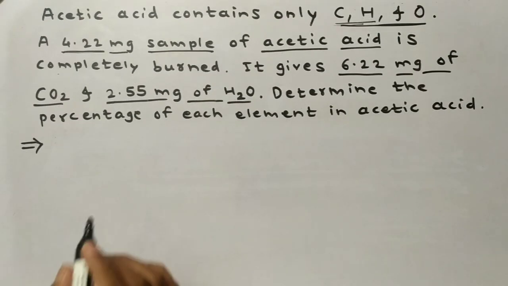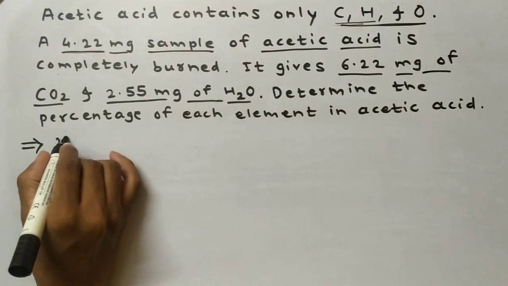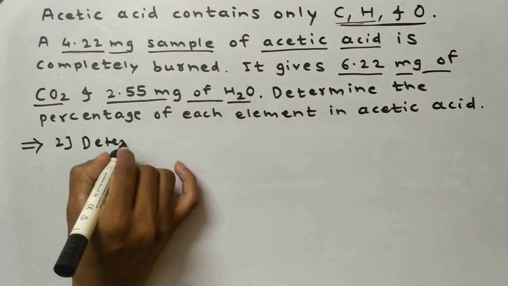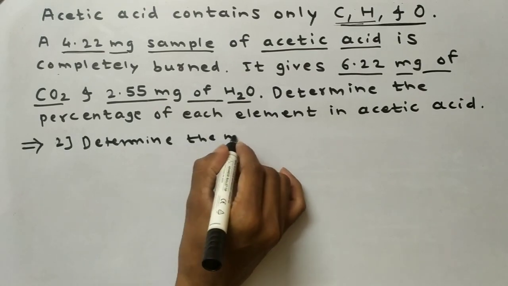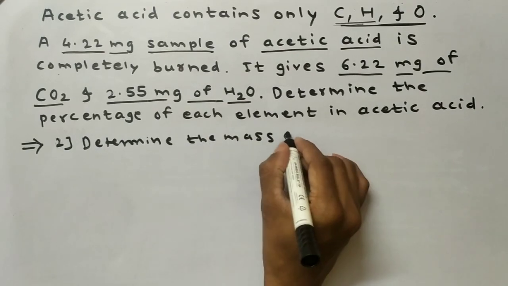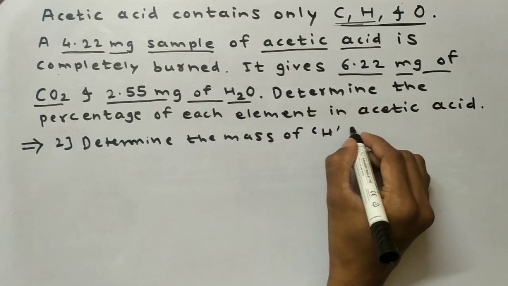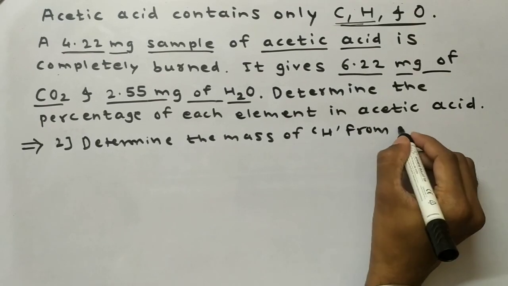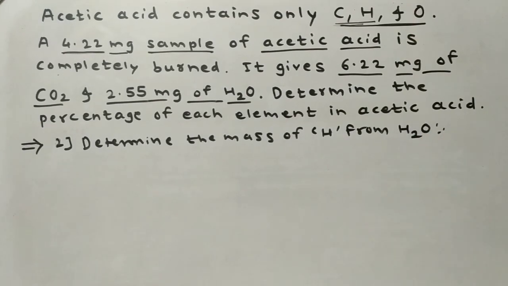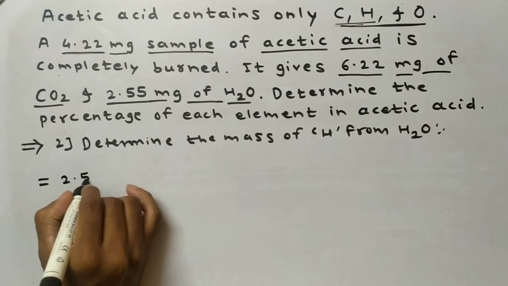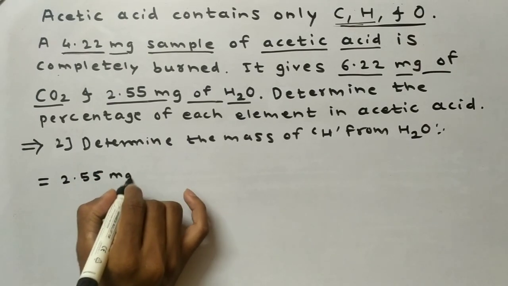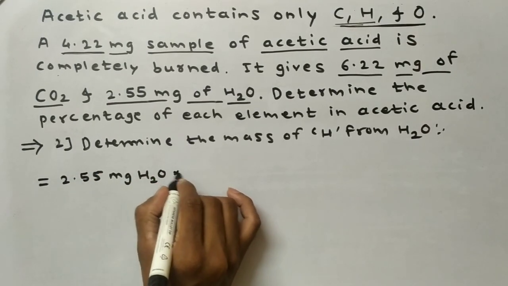Now similarly let's determine the mass of hydrogen from H2O. So how will we do that? Let's start with 2.55 milligrams of H2O.